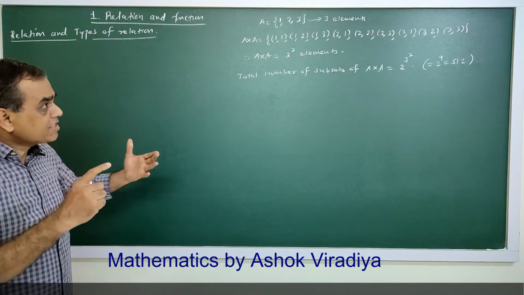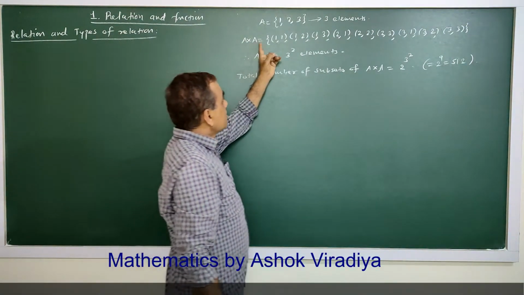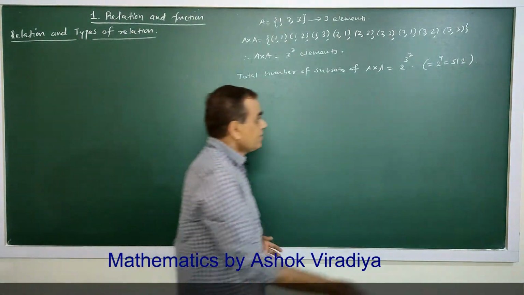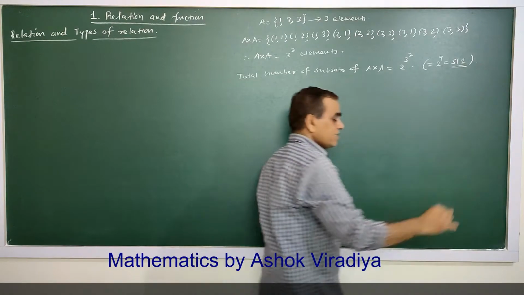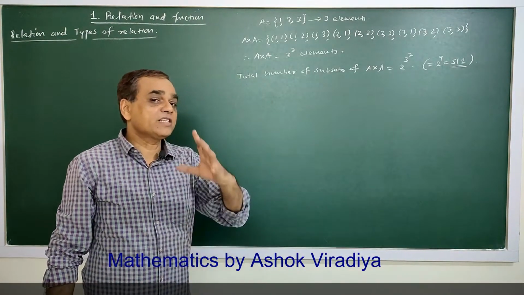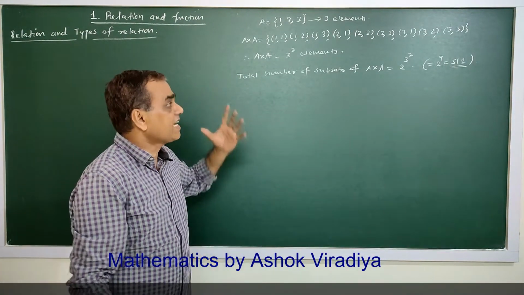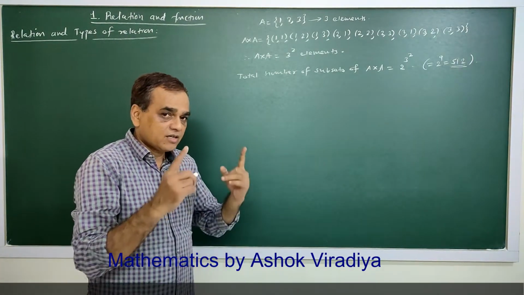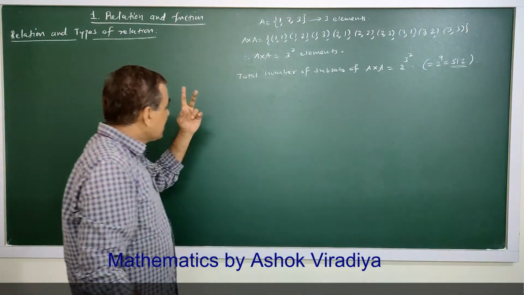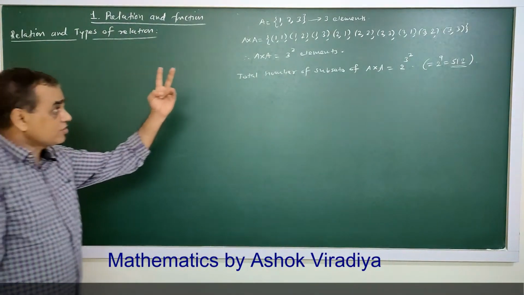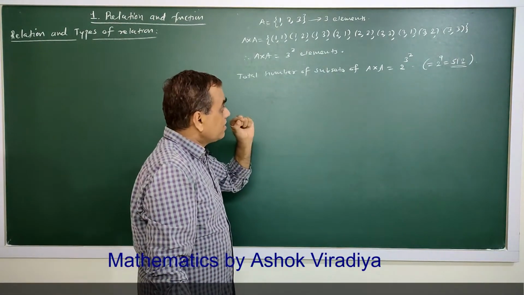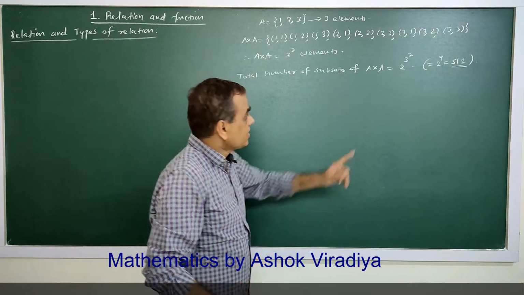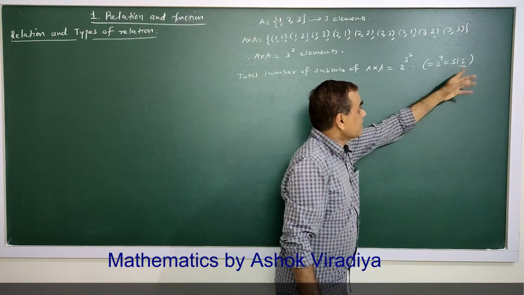And every subset of A cross A, if you select any subset from these 512 subsets, then any subset is said to be a relation in set A. Any subset of A cross A is said to be a relation in set A. See here, we can prepare a total of 512 subsets.